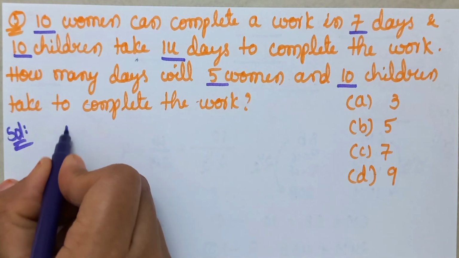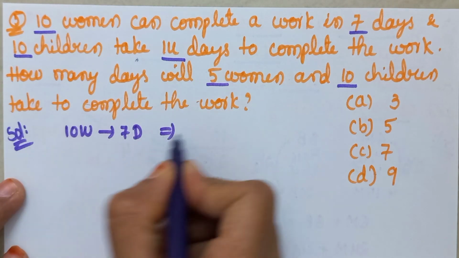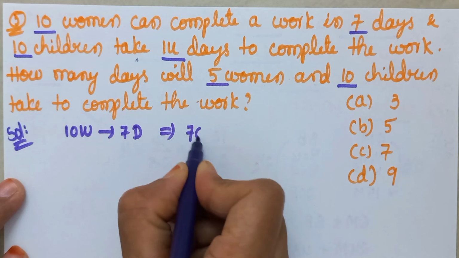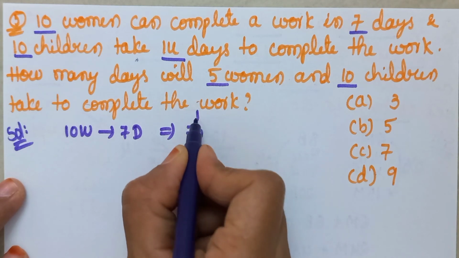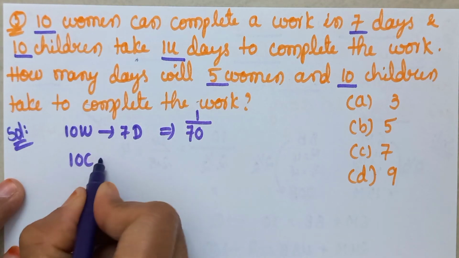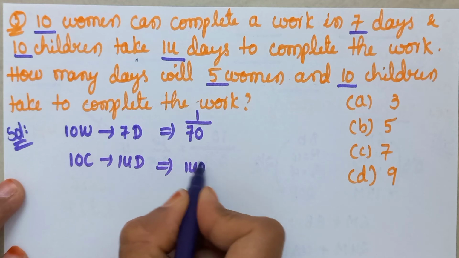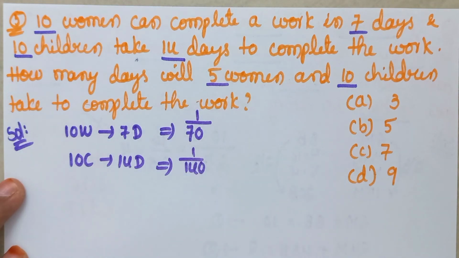So the required answer, what is that? 10 women take 7 days to complete the work. So 1 day's work of a woman is what? Total work is 70, so 1 day's work means 1 by 70. 10 children will take 14 days. So how much? 140. So 1 day's work means 1 by 140.